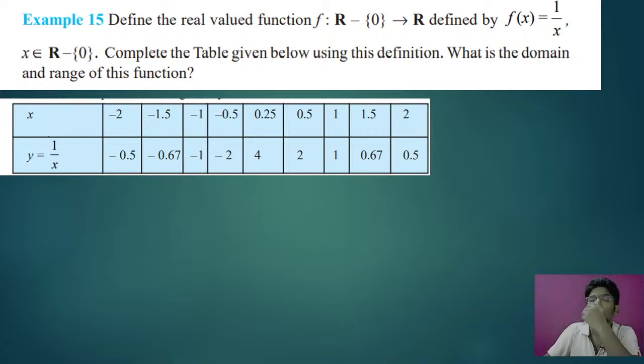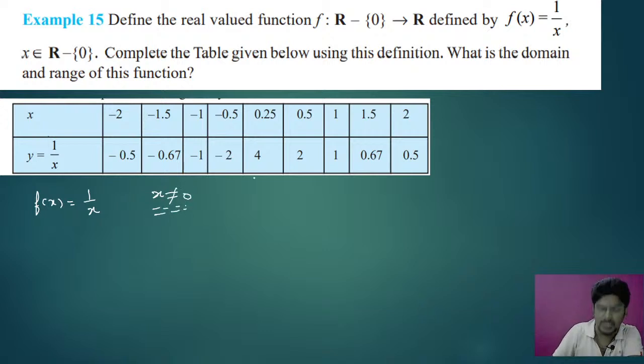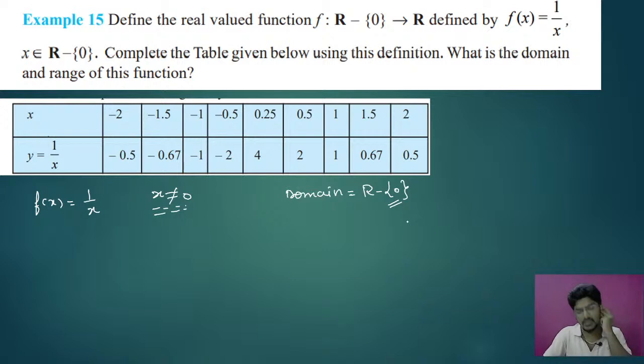So now you can see the function is defined by f of x is equal to 1 by x, where x cannot be equal to 0. So that's why in the domain they have given R minus singleton set 0. That means from the set of complete real numbers, they are taking out this 0. If they take this singleton set 0 outside, then this is called non-zero real numbers.